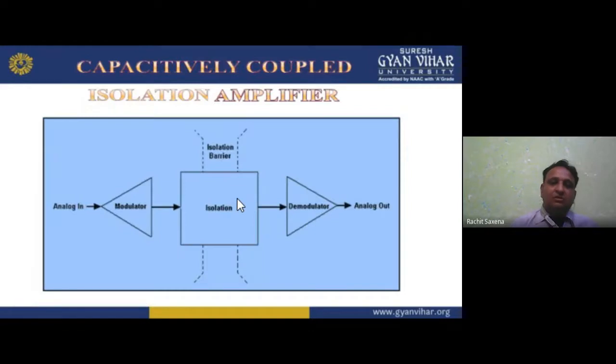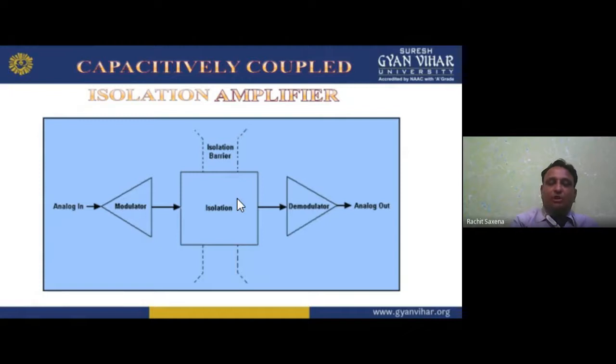Now, the capacitively coupled isolation amplifier. The first one is the transformer coupled isolation amplifier, in which we are using a transformer. Modulated wave is there, and we make isolation with the help of the transformer. Secondly, we have more advantages, more applications.